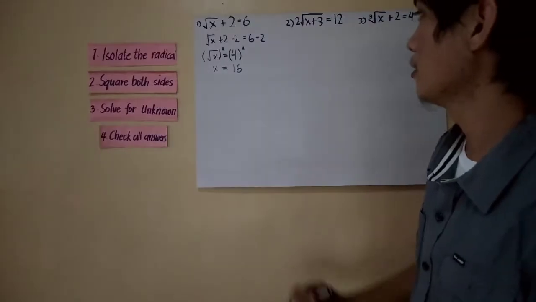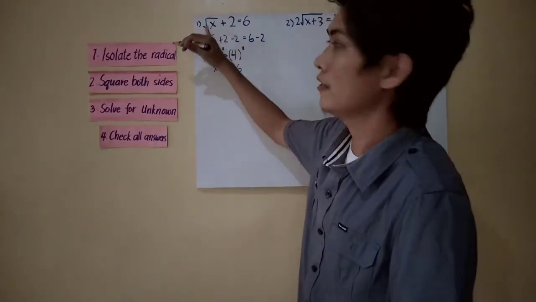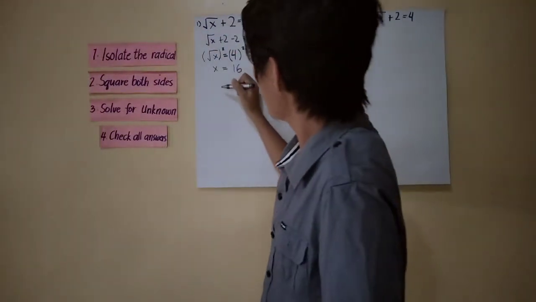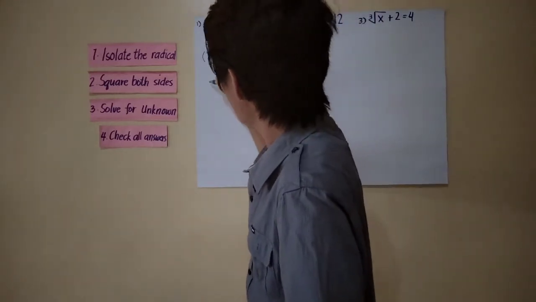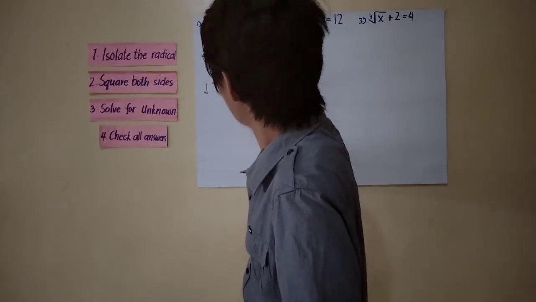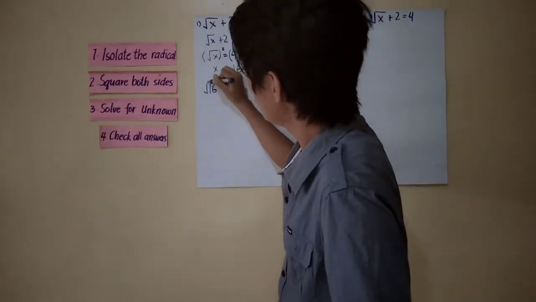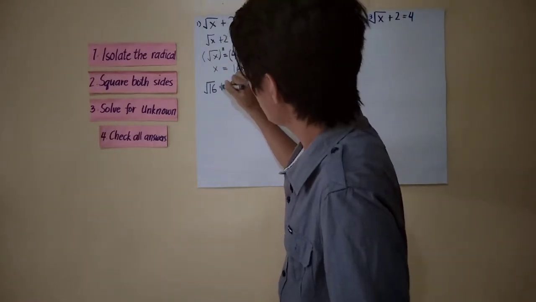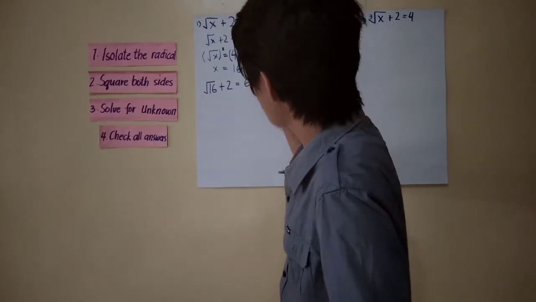We substitute the value of x into our given equation. Instead of square root of x, it becomes square root of 16 plus 2 is equal to 6.